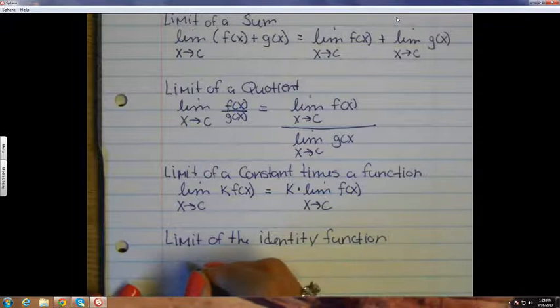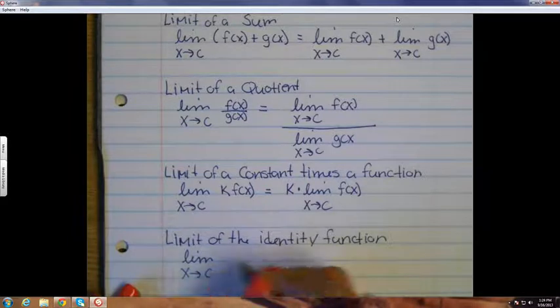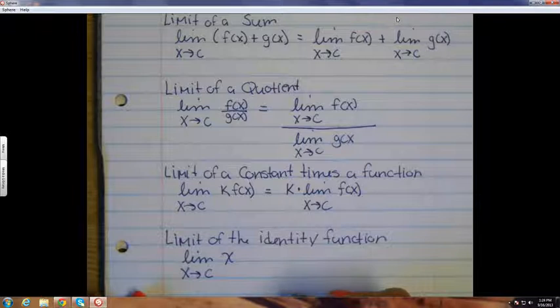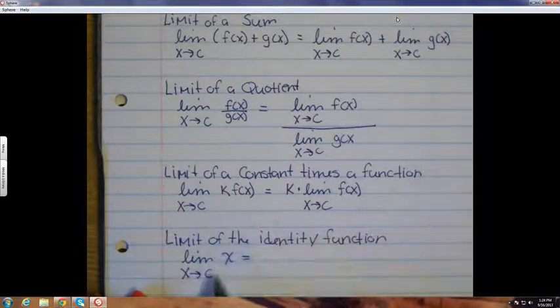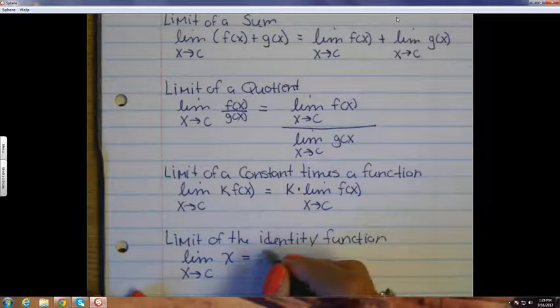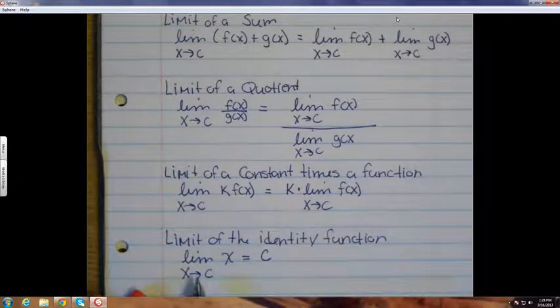Which is just the limit as x approaches c of the identity function, y equals x. So it's the function y equals x, so just x. And remember, all you're doing is plugging c in. That's equal to whatever I'm approaching, c. So pay attention to this one. We started with a limit, and we're saying it's just equal to the c value. We're substituting in, so there's no limit here.